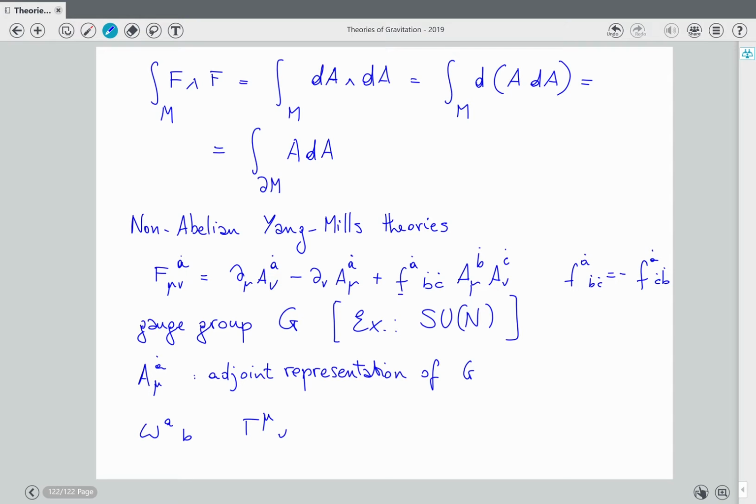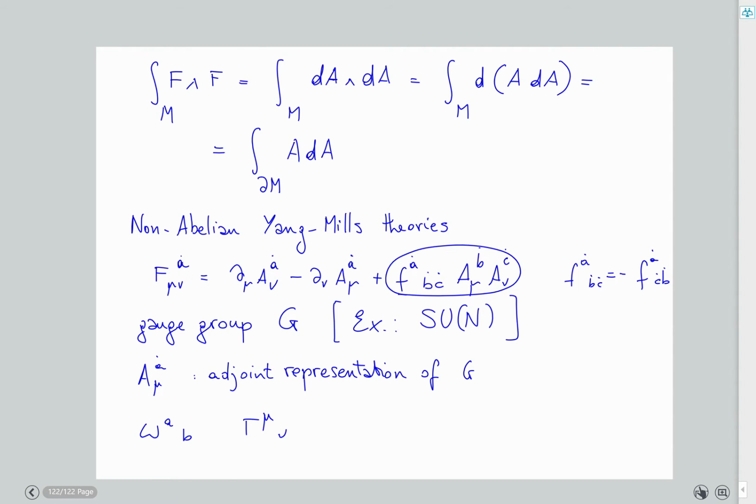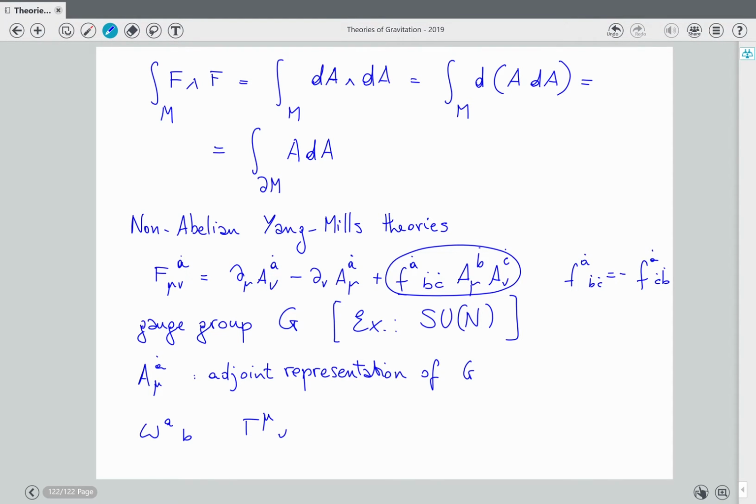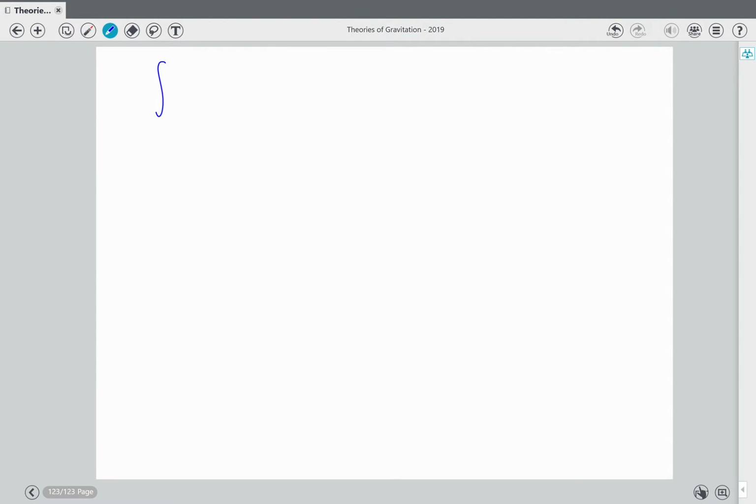However, this is a product, so it transforms correctly under the transformations. Every formula we have written before can be written in this case. For example, you can build an action like this.